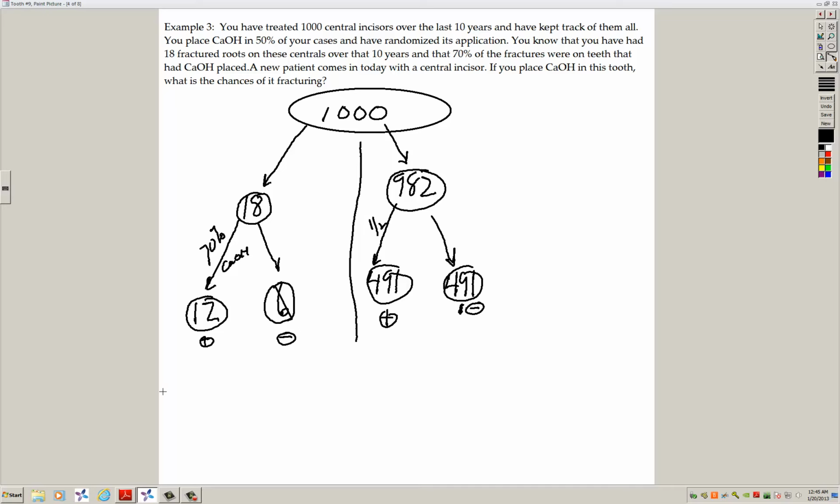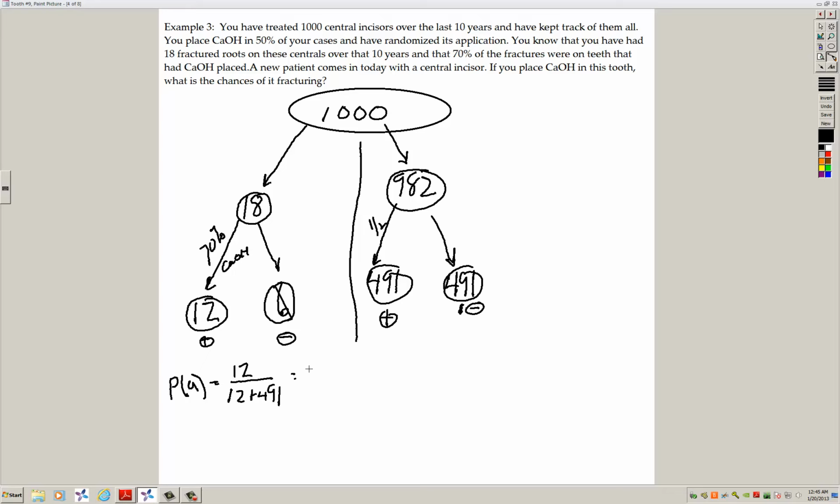Let's figure our probabilities. What is the probability of a tooth fracturing that has calcium hydroxide? It's the number of events where A is true over the total number of events.